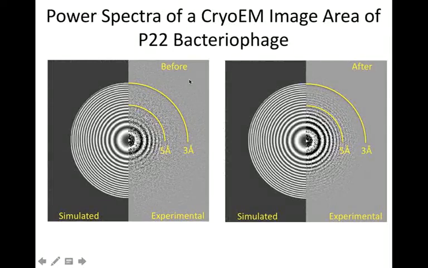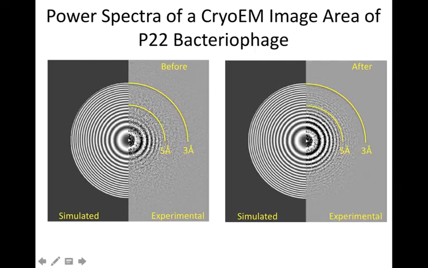Before we do the reconstruction, this slide shows how we evaluate the quality of those images. The one on the left, in half of the pattern, represents the power spectrum of the particle images from one specimen area.